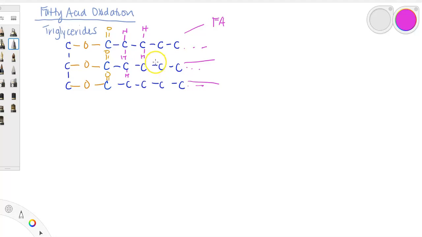So the fatty acid chain can be broken down into sets of 2 carbon molecules that will become acetyl-CoA. So the smallest fatty acid is palmitic acid, which is 16 carbons. So if we use that as our example here, basically we have palmitic acid, which starts here.